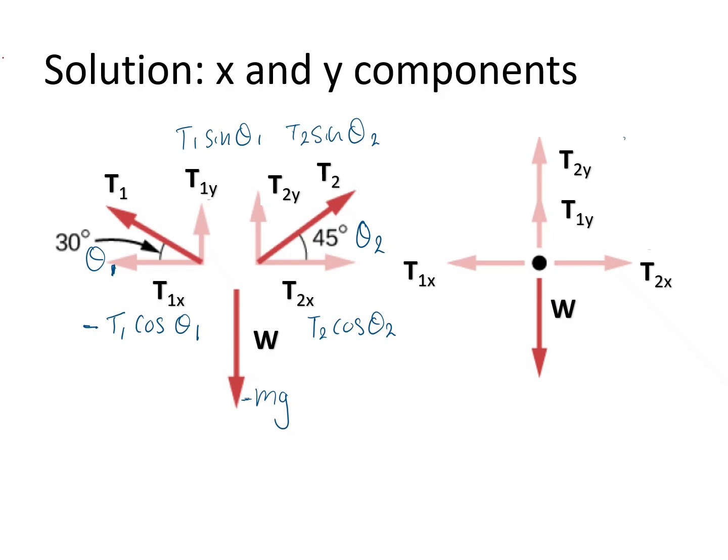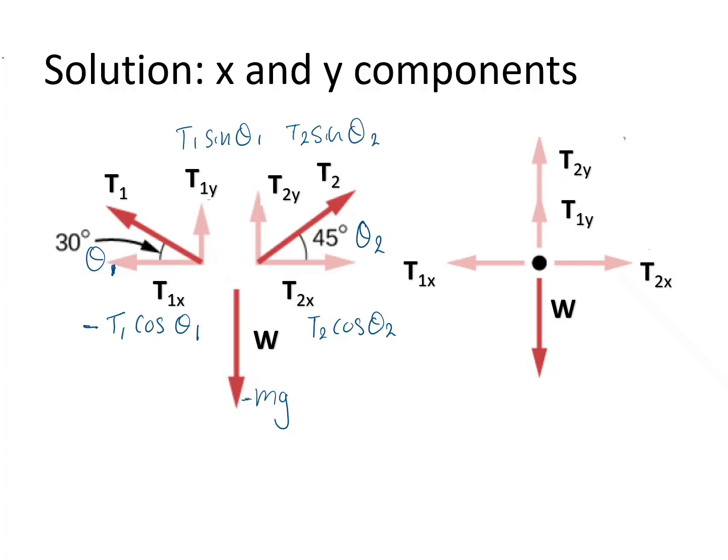Since it points left, its x component is negative. So we write T1x equals negative T1 cosine theta 1. The vertical component of T1 points upward, so it's positive. We can write T1y equals positive T1 sine theta 1.